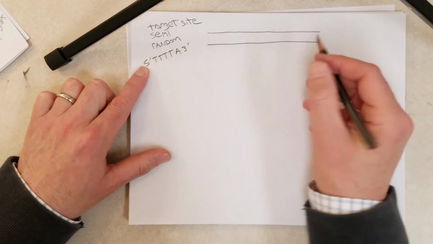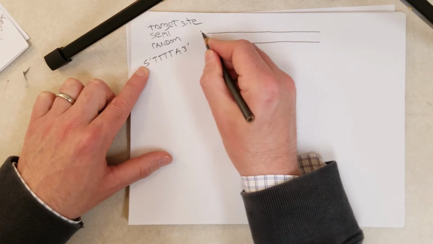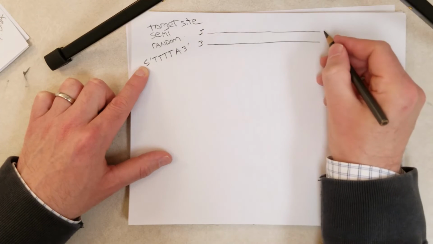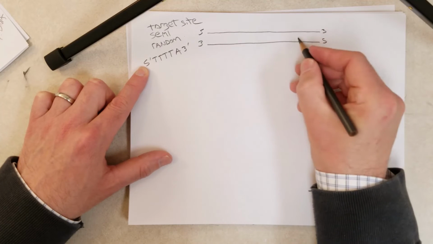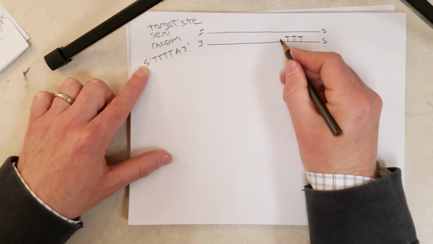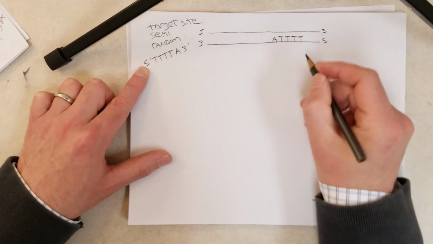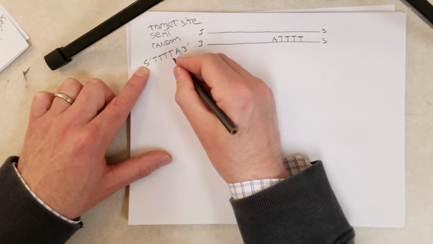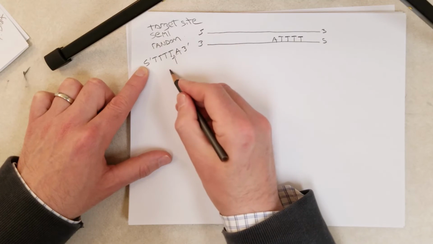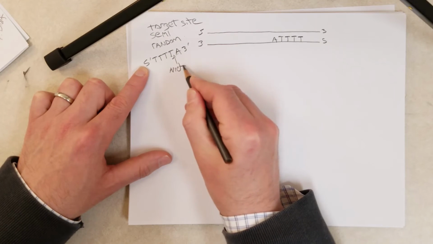So what does that mean? Okay, so if this is the 5' end of a DNA molecule somewhere in the genome, this is a 3' end, 3', 5', and I'm going to put my T, T, T, T, A right here. That site between this T and this A, this is where the nick occurs.